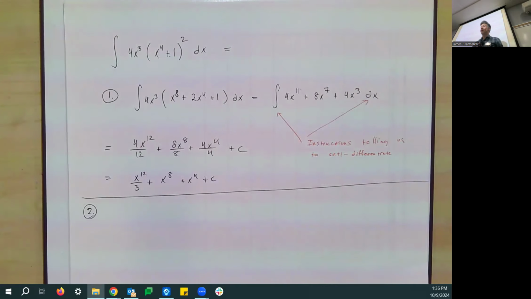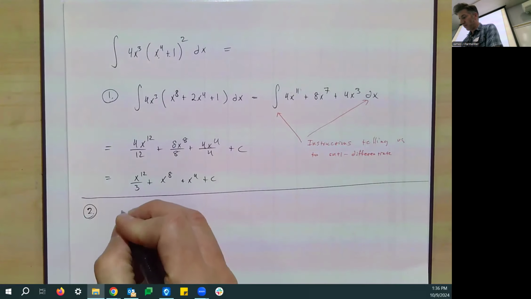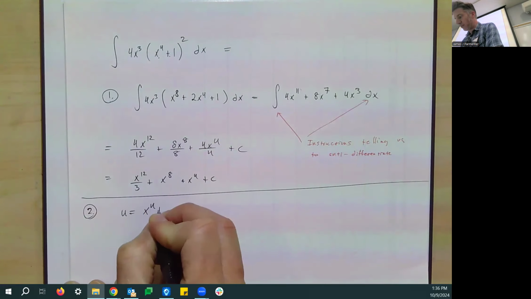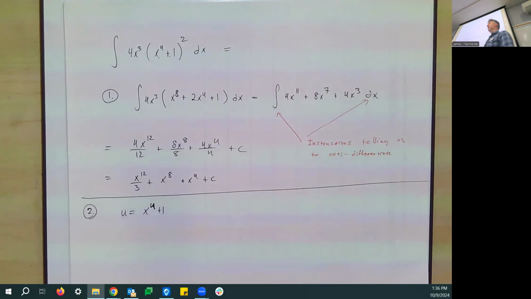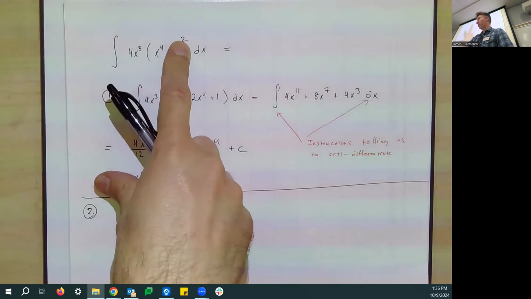So here, an excellent candidate for the inside of the function is x to the 4th plus 1, because it satisfies the two criteria we're looking to satisfy. One, the less important one, is that it's inside something else. Here, the x to the 4th plus 1 is getting squared.